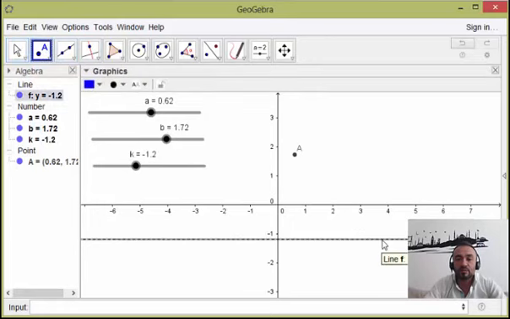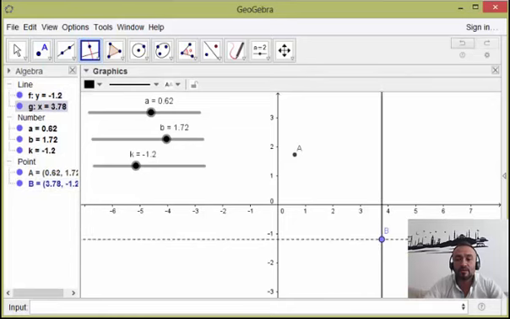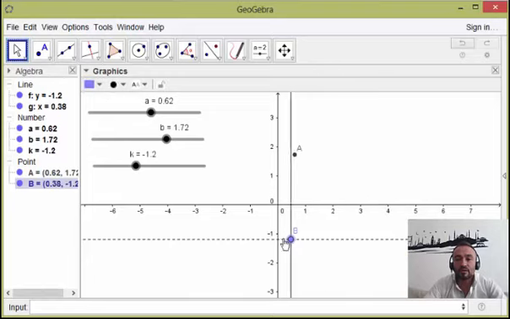Just put a point on the directrix and create a perpendicular line passing through this point and perpendicular to our directrix. Why did I create this perpendicular line?